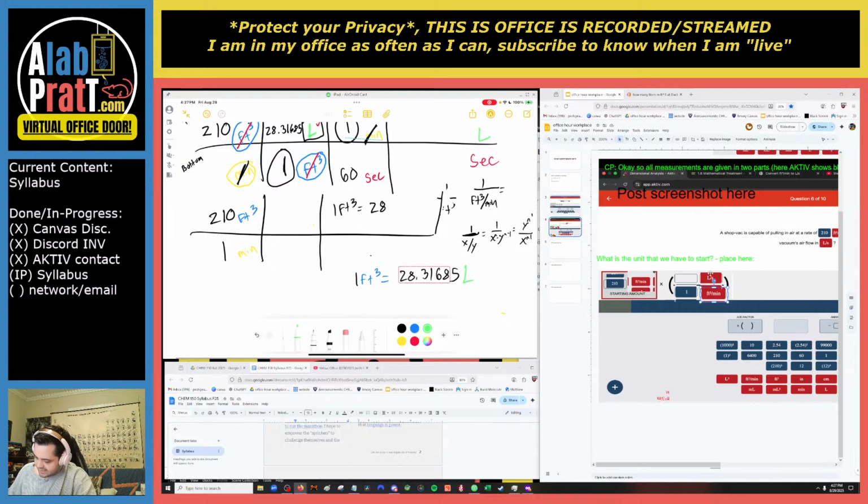And we also saw that 1 minute equals 60 seconds. We know then that this 1 foot, the foot cubed, is still down here.